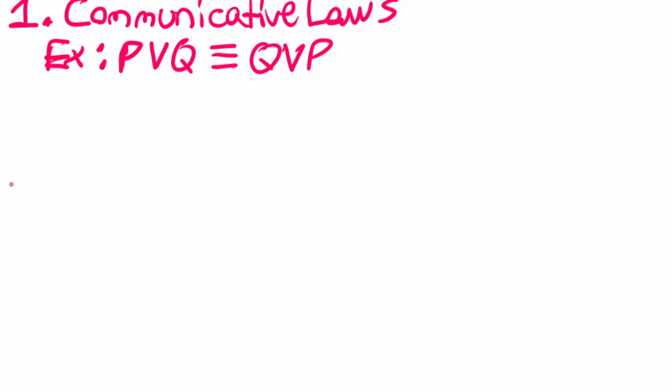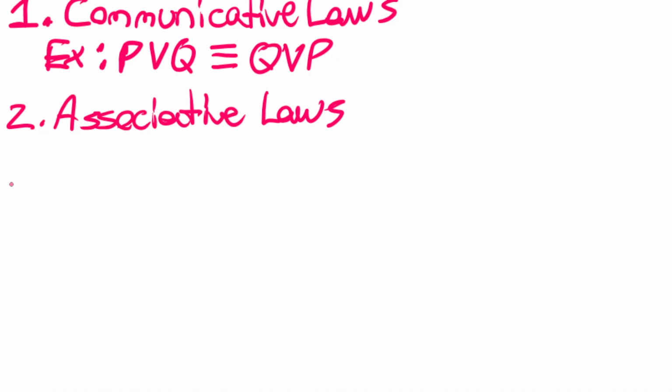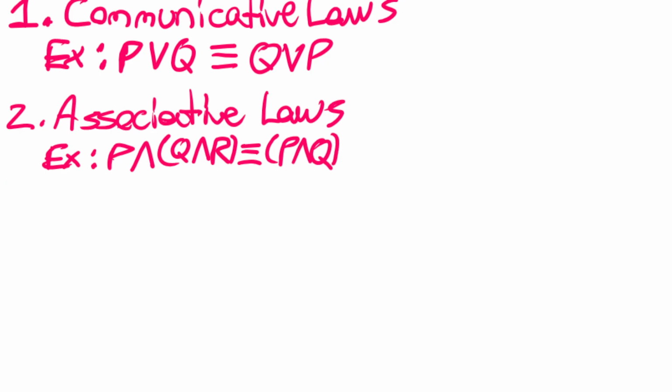Another one is associative laws. So an example of this: P conjunction of Q conjunction R is equivalent to P conjunction Q, conjunction R. And it's basically moving the parentheses around and grouping things together.